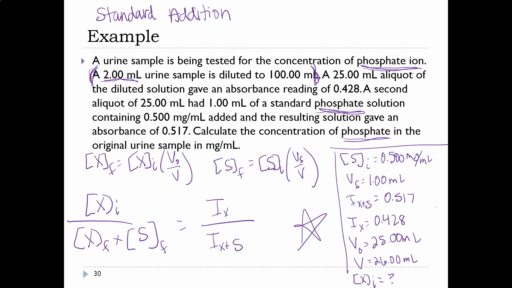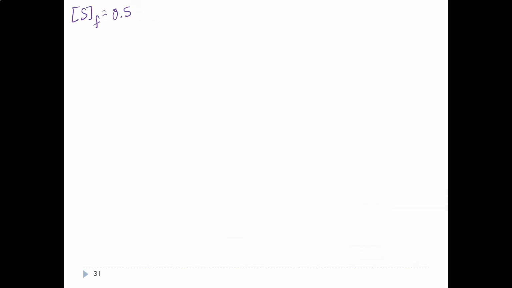Okay, so I'm going to start with the equation for Sf, because we had all the information we needed there. So we need to put Si, which is 0.5, is it 5 or 0.5? 5. And then Vs was 1, and V was 26.